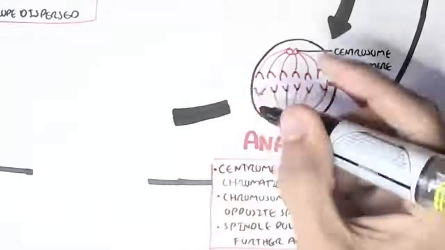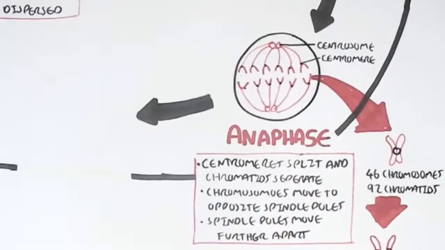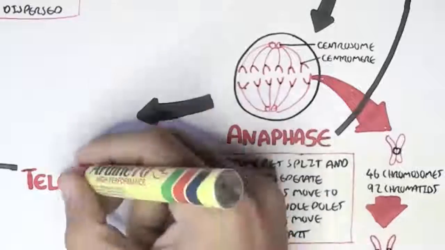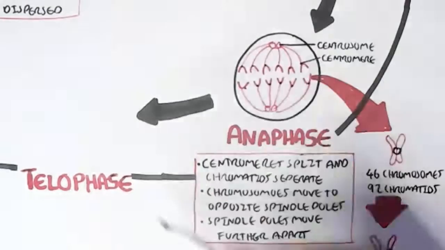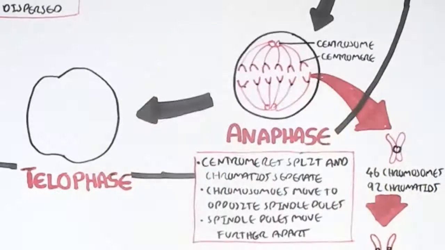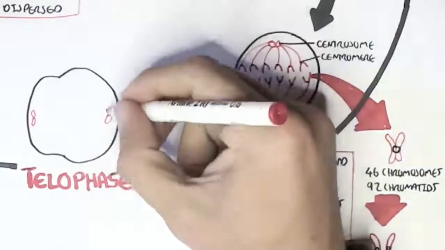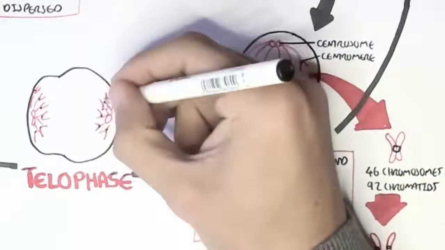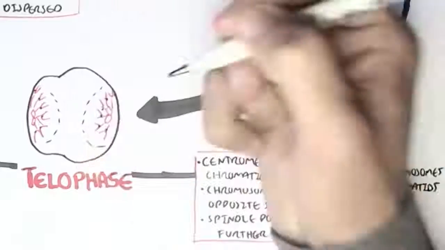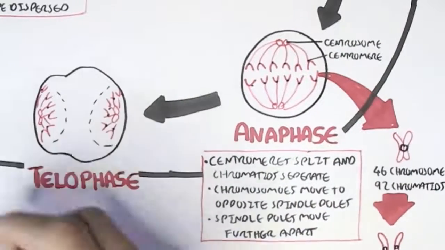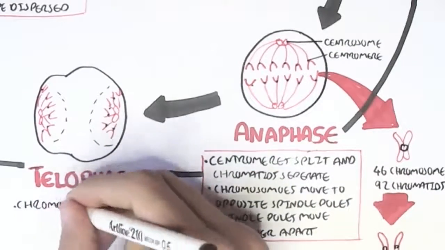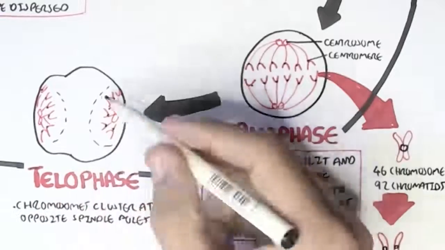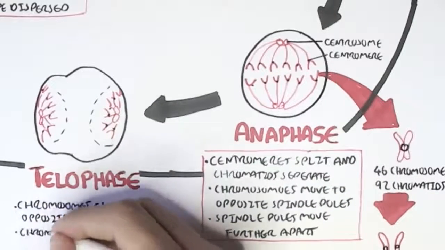Now, the cell in anaphase will then enter the last phase of mitosis, which is telophase. Telophase is essentially when we see the centrosome with the microtubules pulling the chromosomes closer to each of their poles. And then we also see a membrane forming around it. In telophase, the chromosomes are clustering at opposite spindle poles, like so.